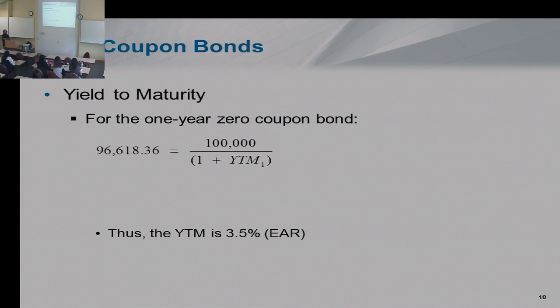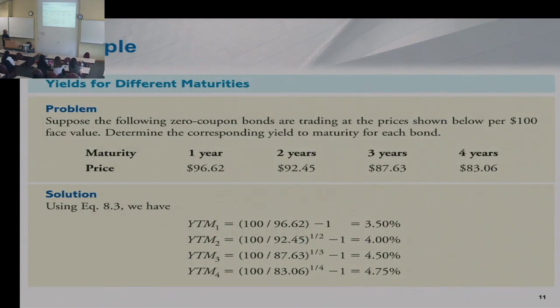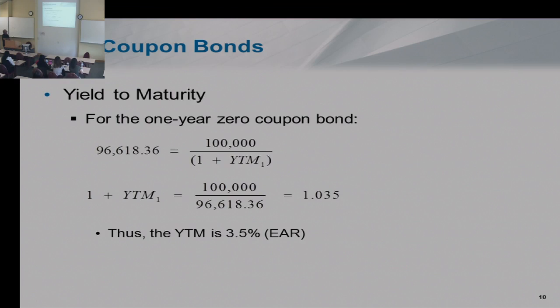In other words, for the zero coupon bond, 96,000 is the present value of 100,000 in 1 year's time at whatever the yield is. And as some of you worked out, that yield is 3.5%. So which comes first, the yield or the price?